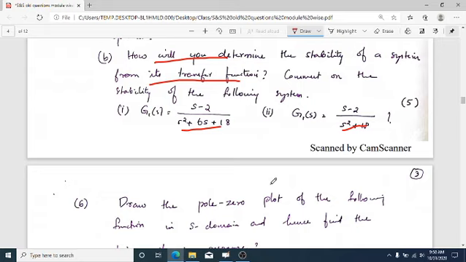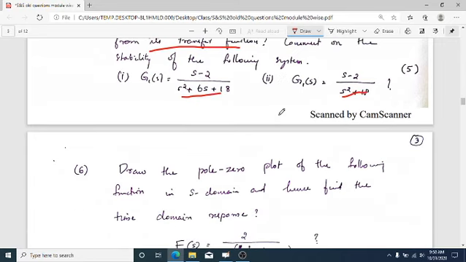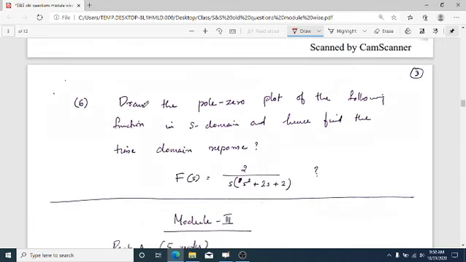If they are completely on the left side, it is absolutely stable. If they are on the imaginary axis, check whether repeated poles are coming on the imaginary axis. If there are repeated poles, it is unstable. Otherwise, it is stable.